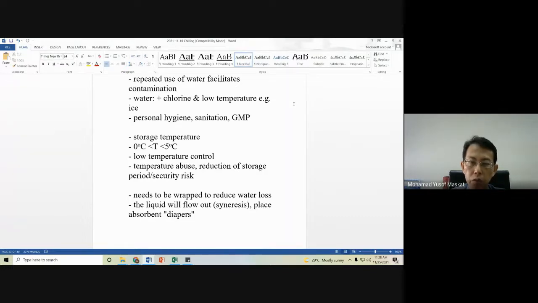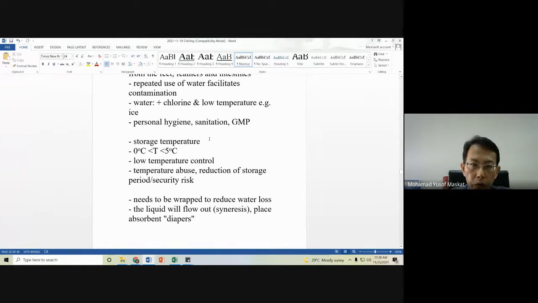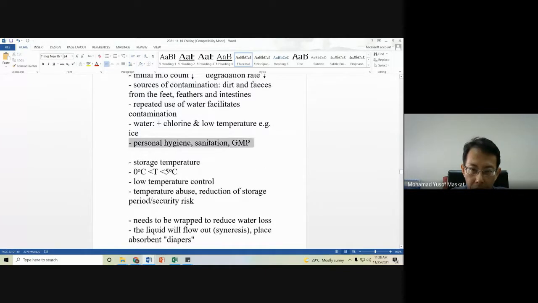Can we totally eliminate the risk? The answer is no, but what we do is manage the risk and reduce it as much as possible. Apart from that, of course, this is a must: personal hygiene, sanitation, and good manufacturing practices.